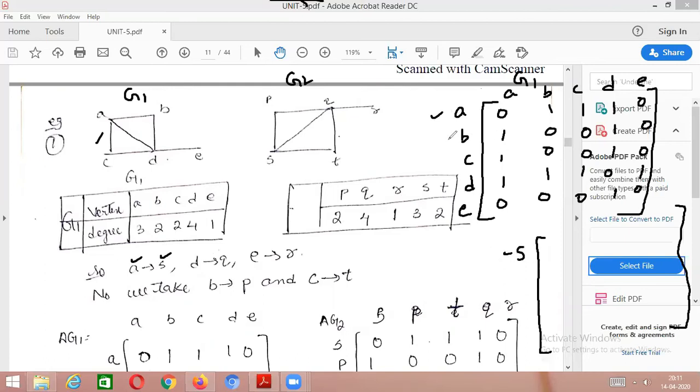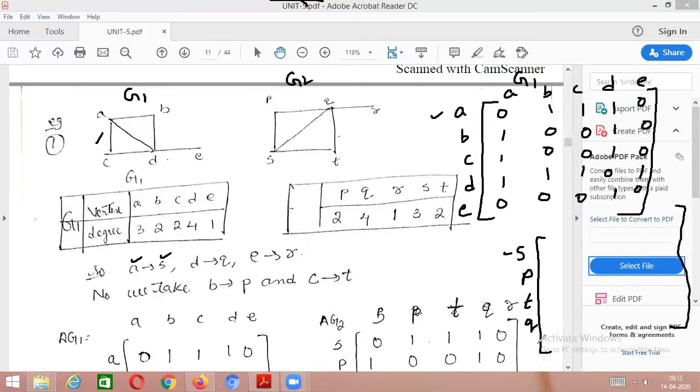Next, what is next? B. B is mapped to where? B to P, so you have to take P. Next C. C to T, so next for vertex C you have to take T. Next D. D to Q, so you have to take Q. Next E. E is mapped to where?